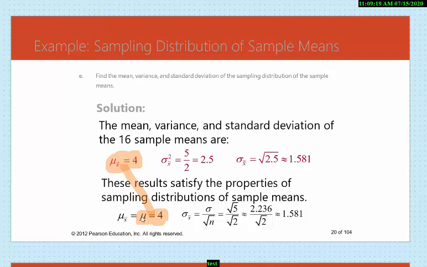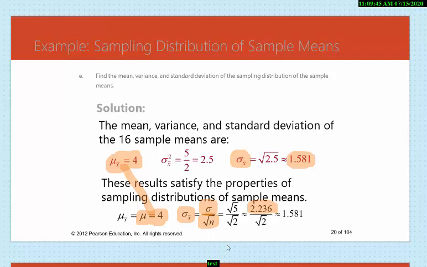But it also says a different thing, and this is the following. It says that if you take again this sampling distribution and you take the standard deviation of those means, then the standard deviation of those means will be nothing else than the standard deviation of the population that we calculated before, 2.236, divided by the square root of the size of your sample.